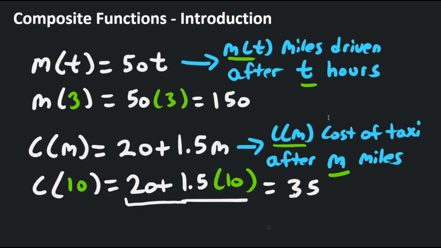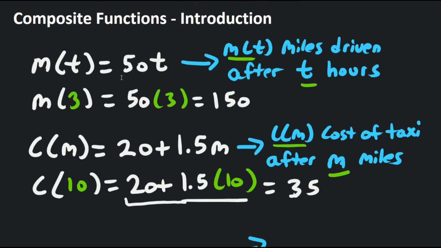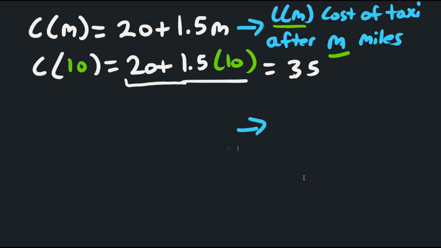Great, so now let's say we wanted to solve a new problem. We know these two functions, m of t is 50t, and c of m is 20 plus 1.5m, and we know what they both represent.